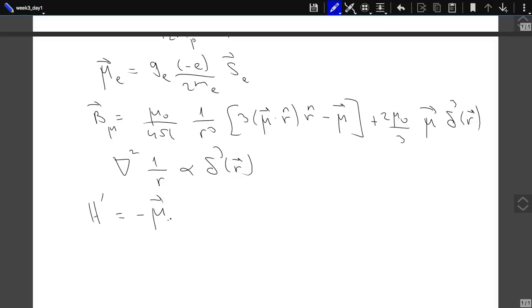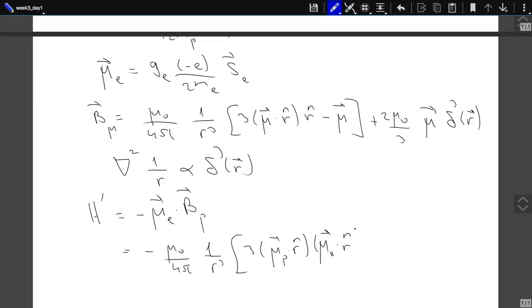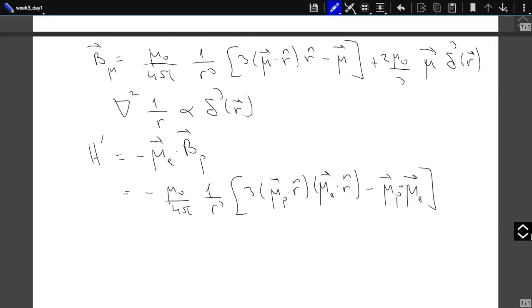It will be minus the magnetic dipole moment of the electron times the magnetic field created by the proton, which is minus mu 0 over 4 pi 1 over r cubed, 3 mu proton dot r hat mu electron dot r hat minus mu proton dot mu electron, plus 2 mu 0 over 3 mu proton dot mu electron.